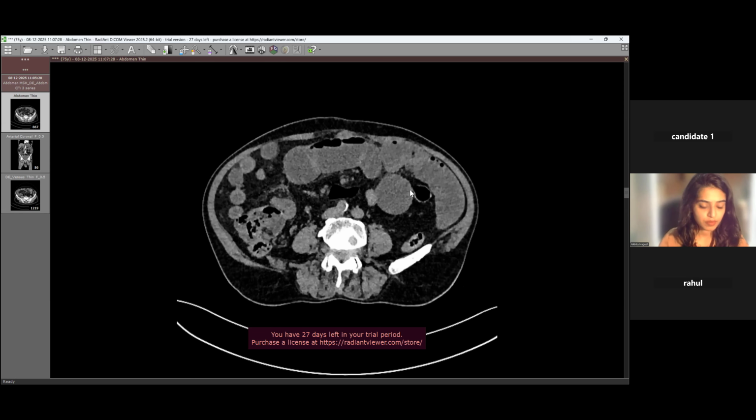This is moving quite slow, so I believe this is the only finding here. This is a case of a small bowel obstruction caused by an obstructed or strangulated right-sided inguinal hernia. This is an emergency. I would inform the referring physician, and the patient needs urgent surgical consultation for surgical management of this hernia.